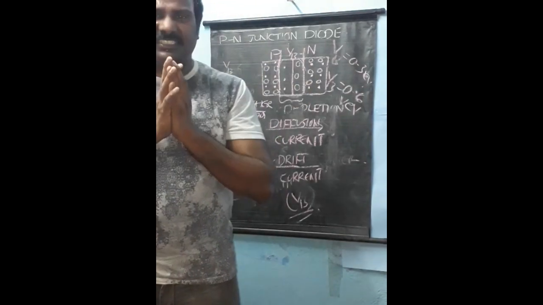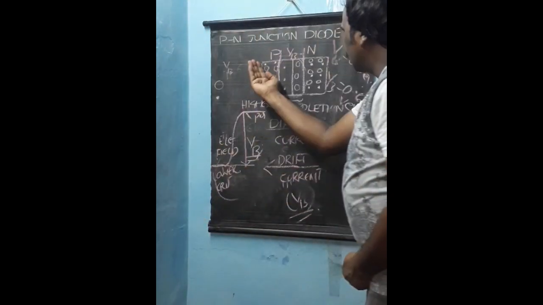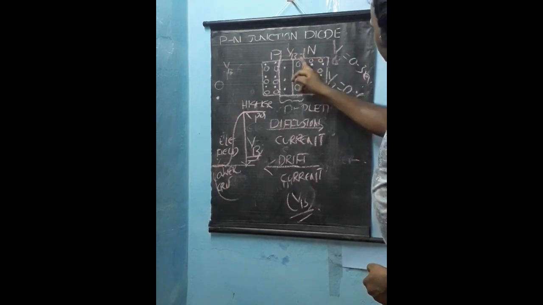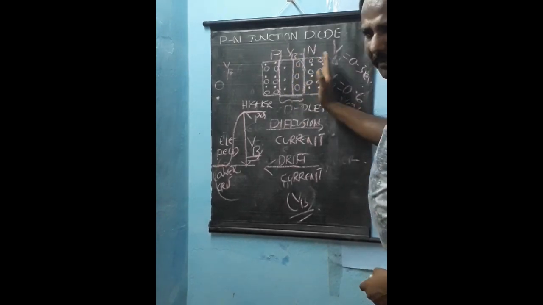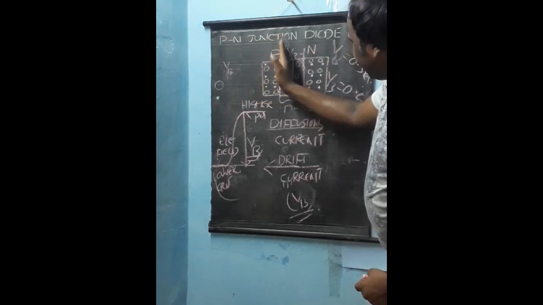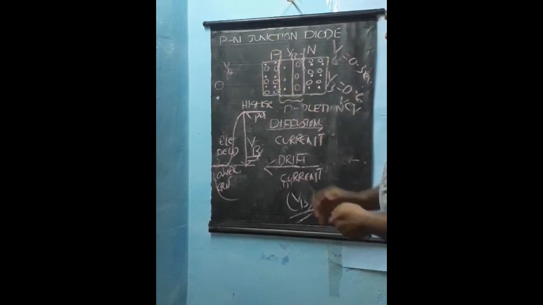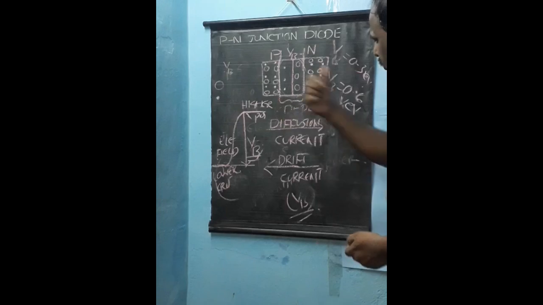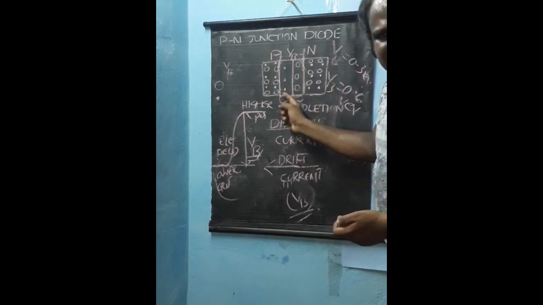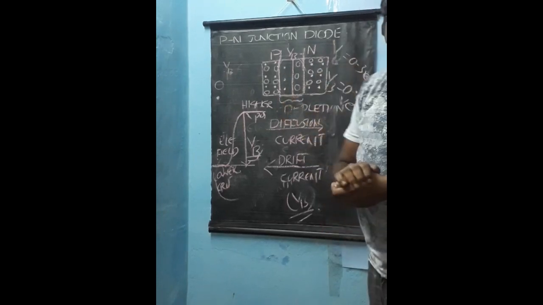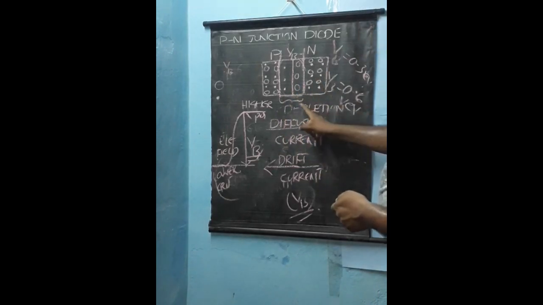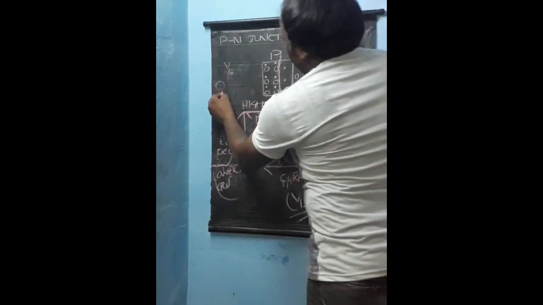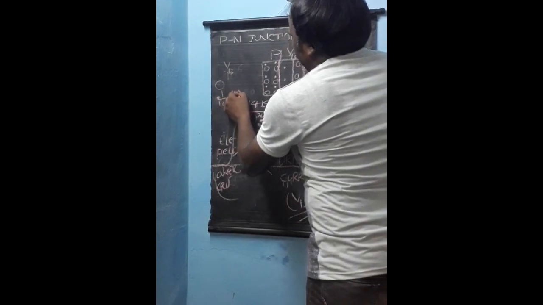During this process, whenever holes move towards this side, these holes will be formed at N end and electrons moving from N type will settle towards P side. A small region is produced. Such a region is called depletion layer. The thickness or width of the depletion layer is 1/10 of a micrometer.